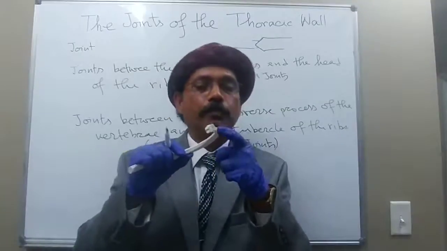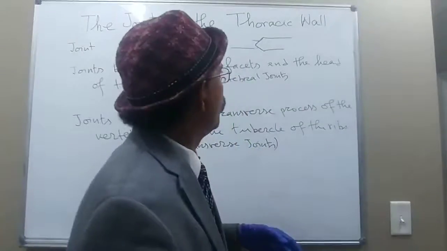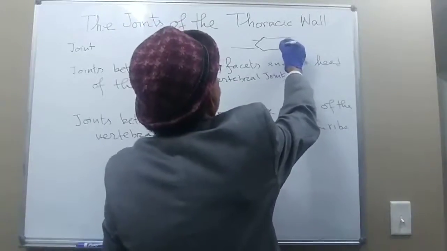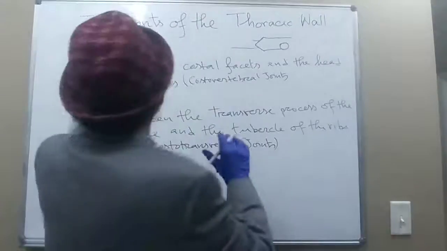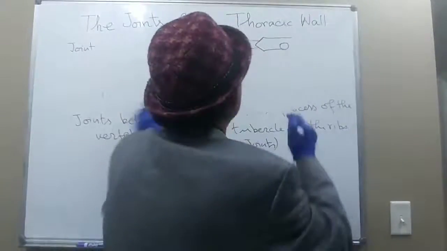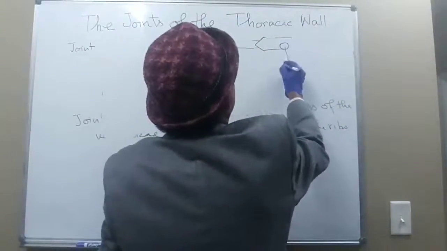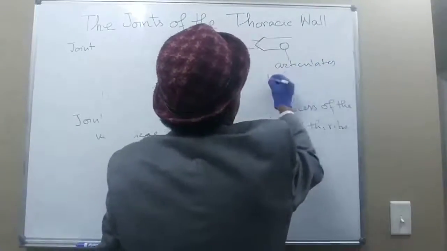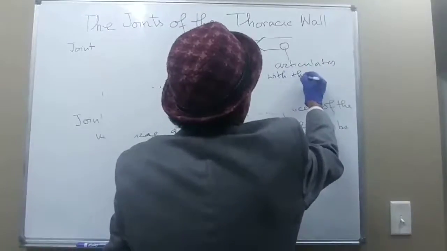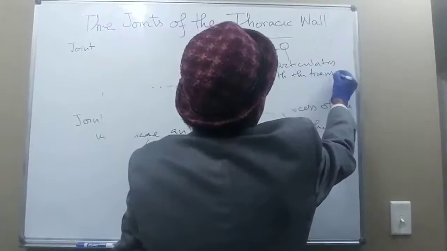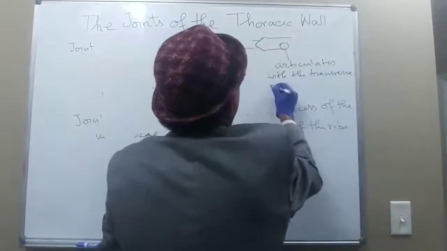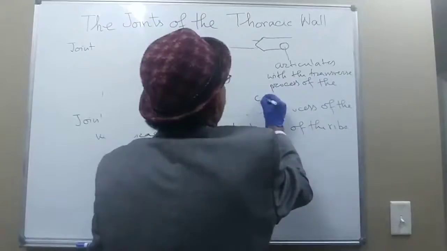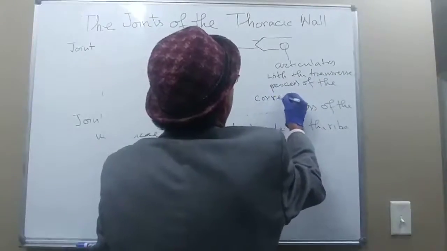This is the tubercle of the rib, and it articulates with the transverse process of the corresponding vertebra.